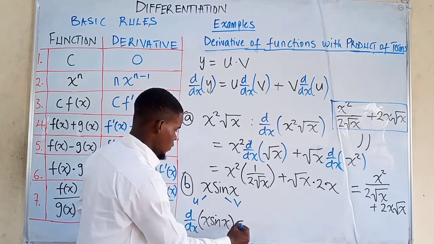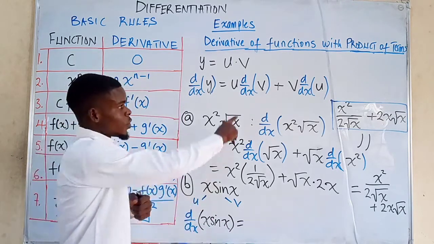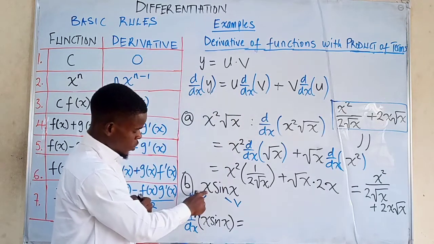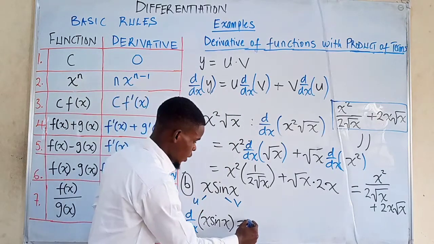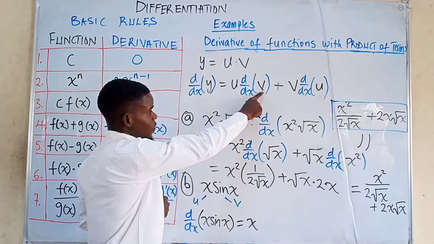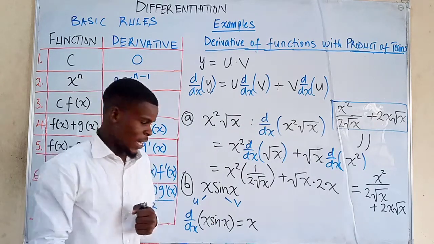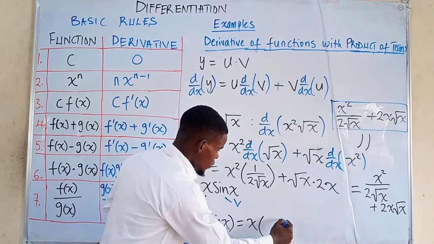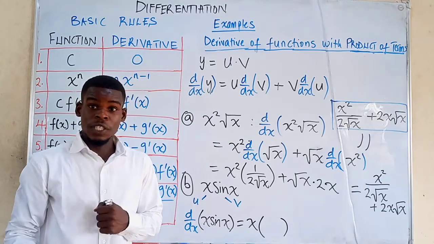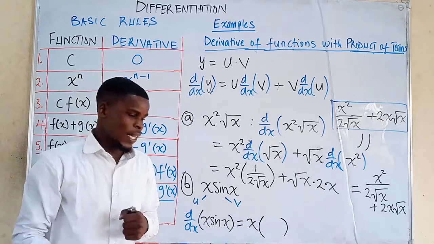So from this rule, we have to keep the u. So if you keep this u, which is x, you keep it, and then you differentiate the v. In this case, the v is sine x. We have to know what the derivative of sine x is. When we differentiate sine x, we enter with cosine of x.